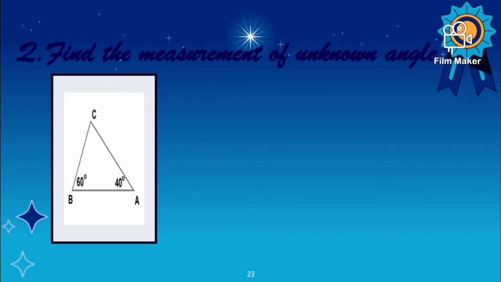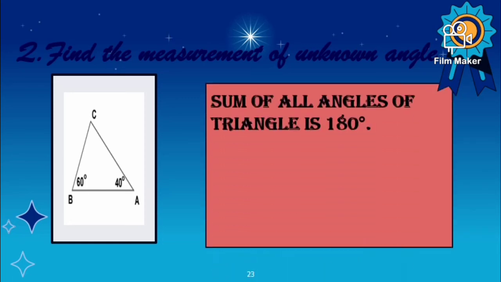Now we have angle ABC, in which we know the angle A and B but not angle C. With the help of this point, we have a particular formula, that is the sum of all the angles of a triangle is 180 degree. So angle A plus angle B plus angle C is equal to 180 degree.